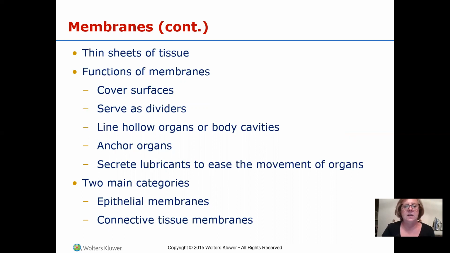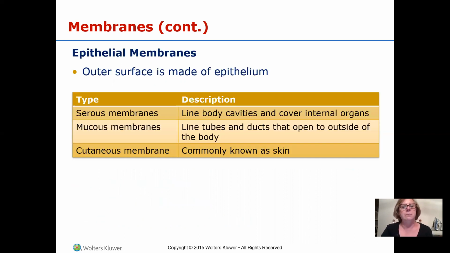There are two main categories of these membranes. They're either epithelial or they are connective tissue membranes. The epithelial membranes are found on the outer surface, and they consist of 3 different types. It's a serous membrane, a mucous membrane, or a cutaneous membrane.